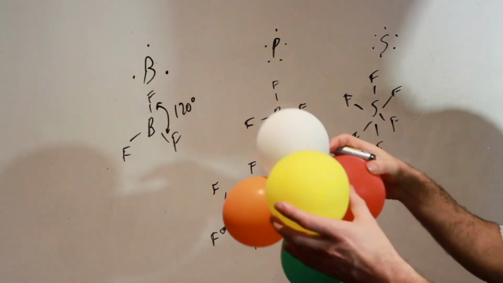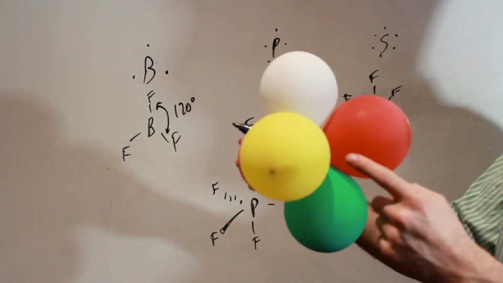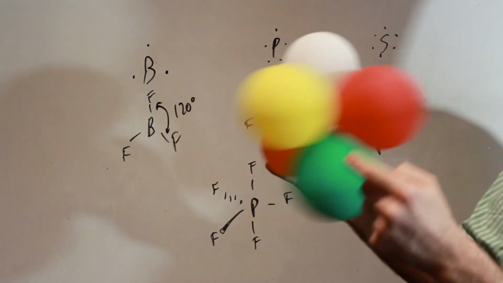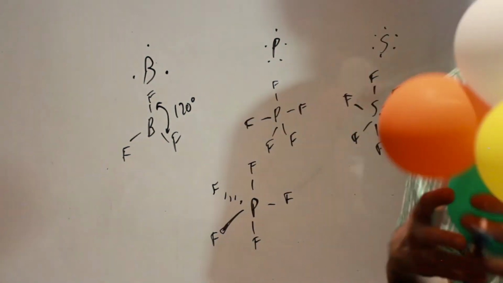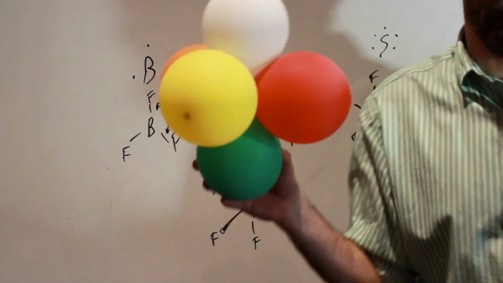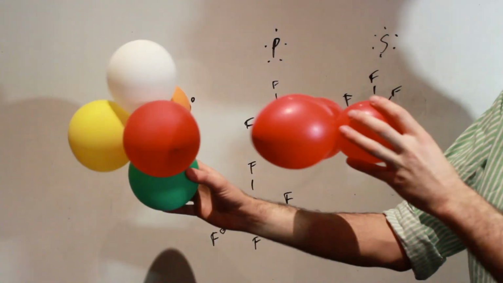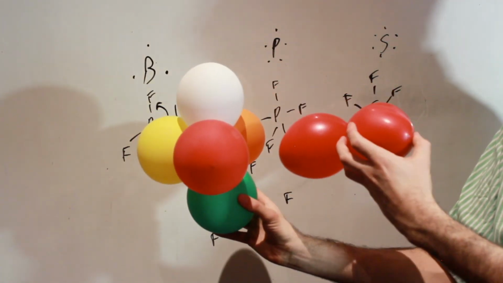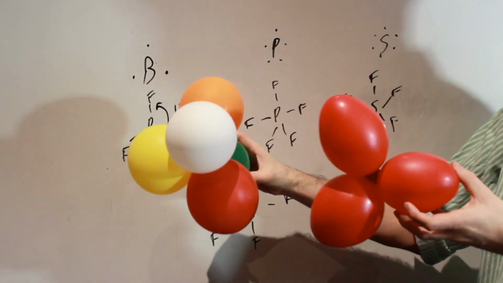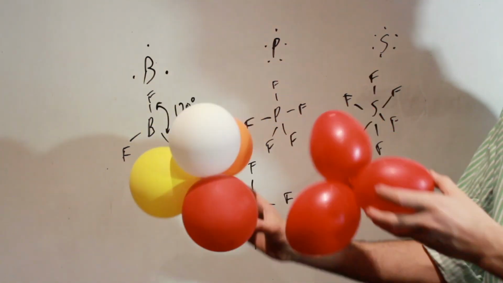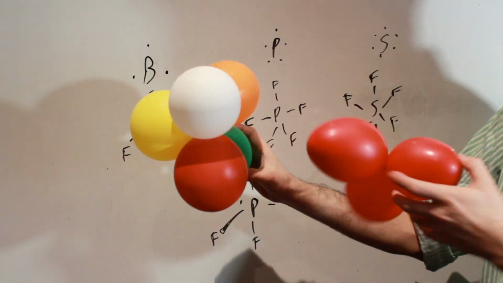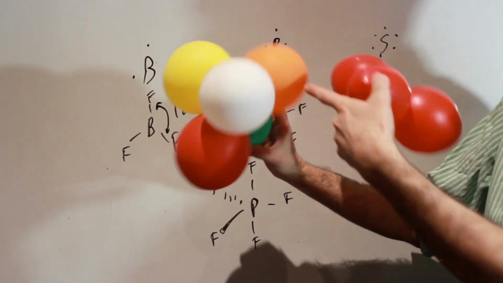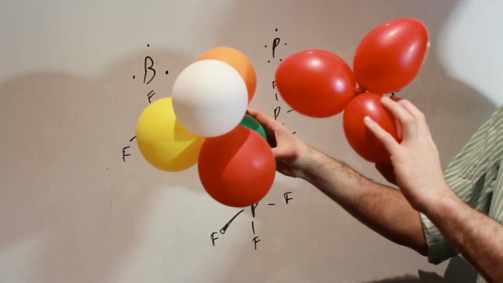Now we can look at these in 2 different ways. If we look at the yellow, the red, and the orange, these are all on the same plane. So these are essentially a trigonal planar sitting in the middle of this, like that. Hopefully you can see that the orange, the yellow, and the red are all on the same plane in this.